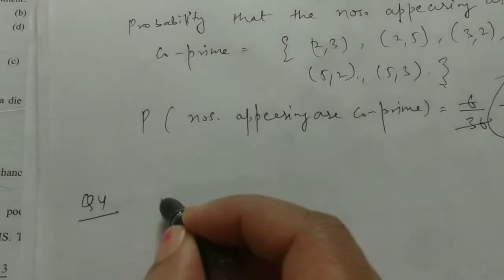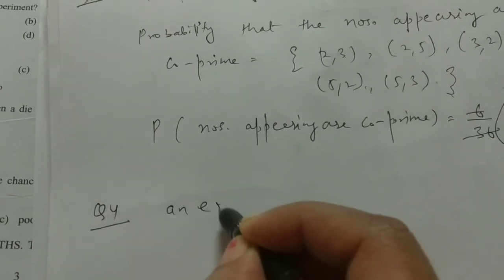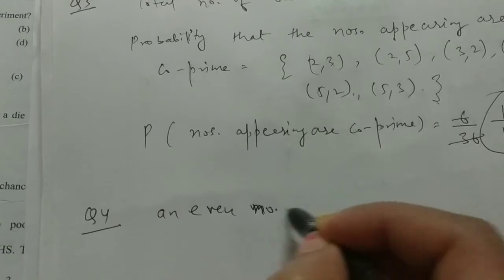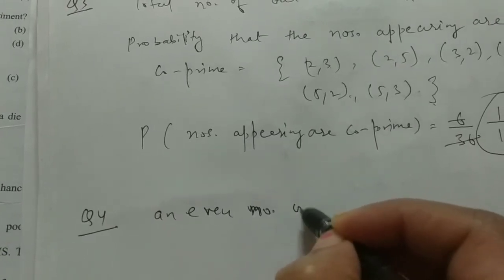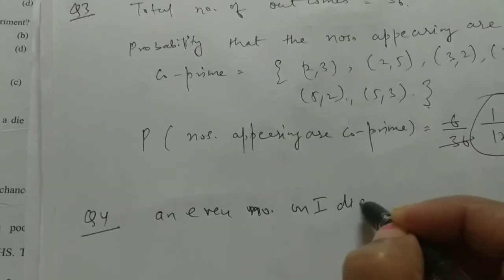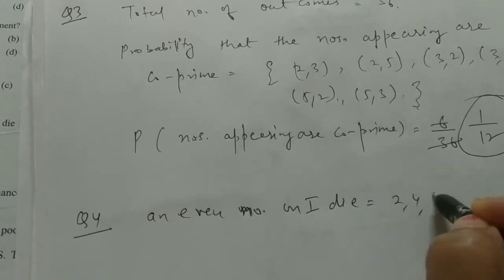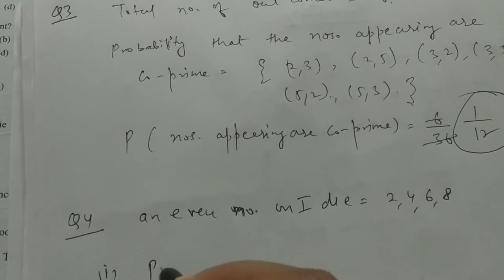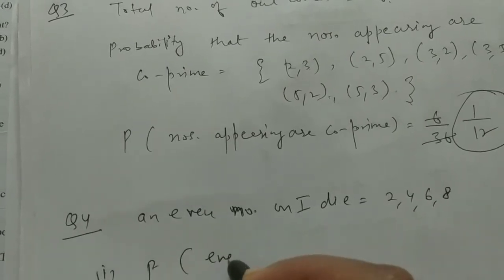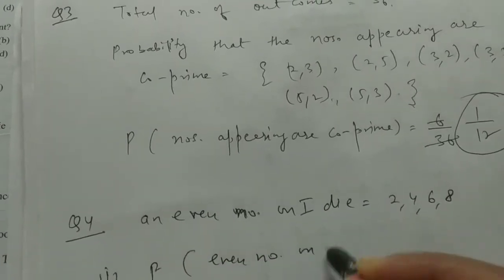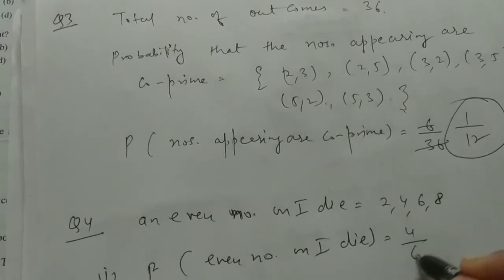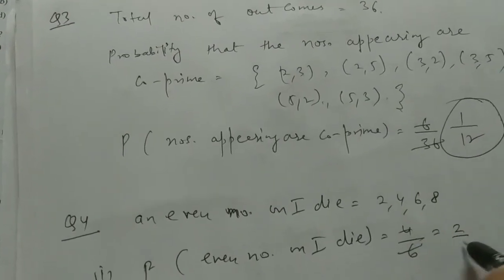So the solution: an even number on the first die would be 2, 4, 6 and 8. So therefore the probability of an even number on the first die would be 4 by 6, that would be equal to 2 by 3.